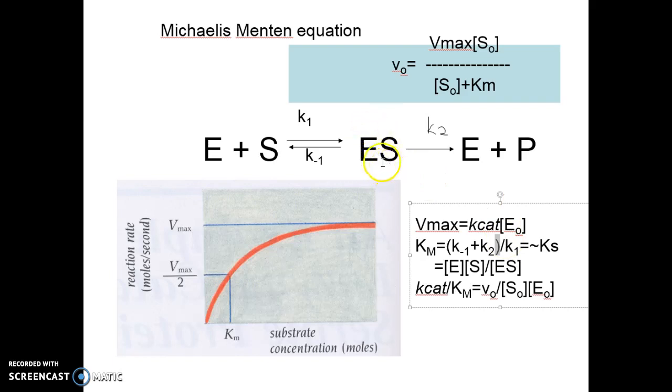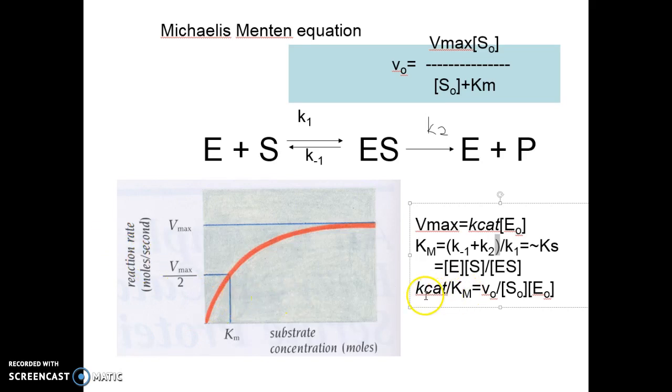So the smaller it is, the higher the affinity between the two components of the complex. The second meaning of Km is the substrate concentration at which half of the maximum reaction rate is reached. So, again, the smaller it is, the more efficient the catalysis.